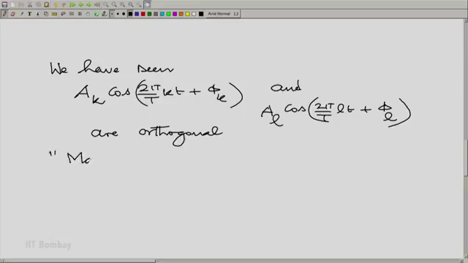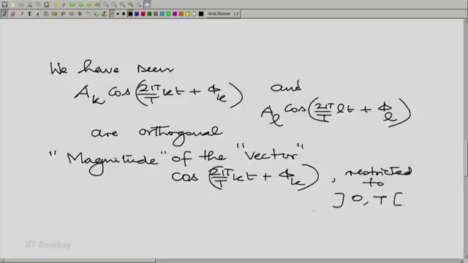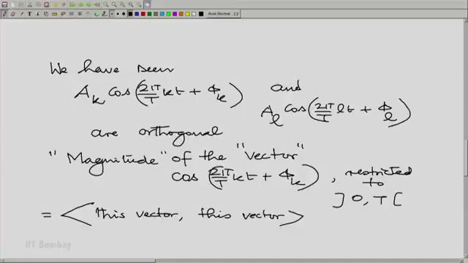How would I find the magnitude? Well, it is interesting. You can find the magnitude by taking the dot product of that vector with itself. Let us do that. So, the magnitude of the vector, as we are thinking of signals as vectors now, restricted to the interval 0 to T, is the dot product of this vector with itself raised to the power half.